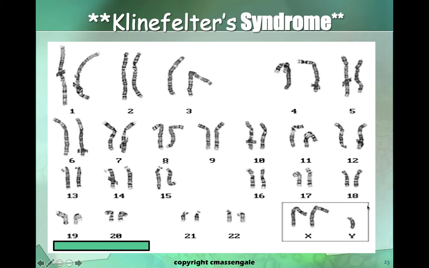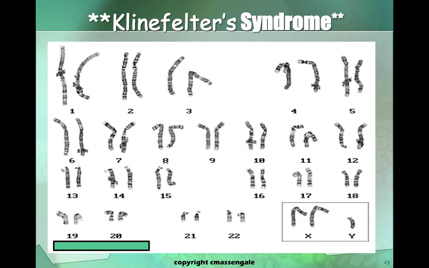This is going to be a sex chromosomal disorder. So we see a large X chromosome, another large X chromosome, and then a Y chromosome. So that means this individual's chromosome set is XXY. And that's actually how you would write it.